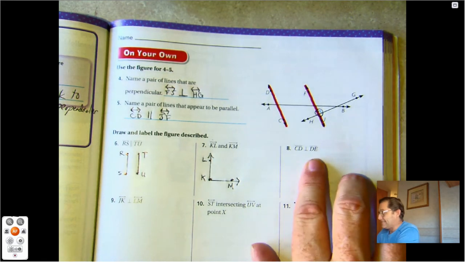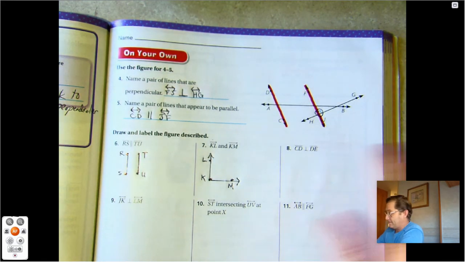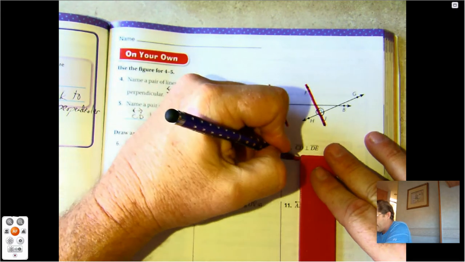All right, CD is perpendicular to DE. Okay, so this time we do have to have right angles.